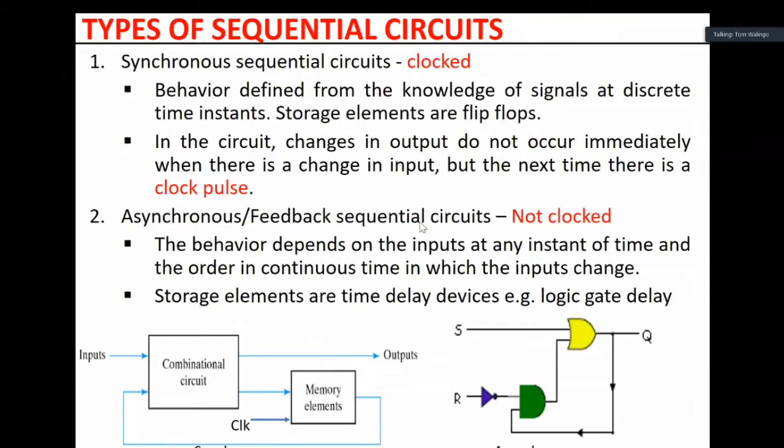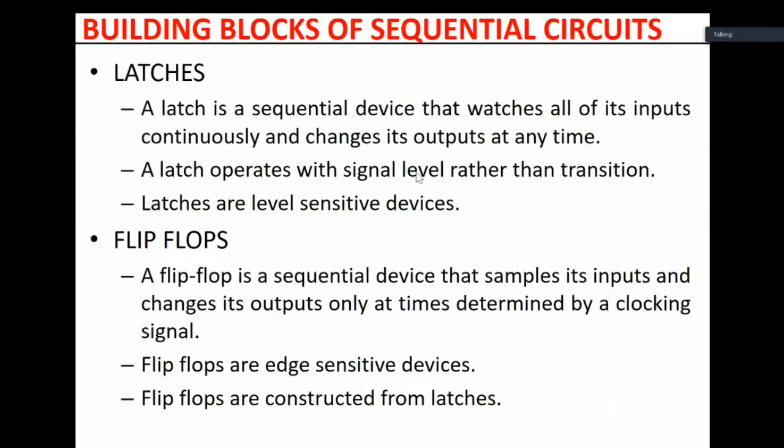Then we've got asynchronous circuits. These ones are not clocked. When the input changes, the output tracks the input. It is not clocked. That is the difference between synchronous and asynchronous sequential circuits. Some are clocked, others are not clocked. So, the building blocks of sequential circuits, of course, are the normal gates. But where does the memory come from? The memory comes from what we call latches.